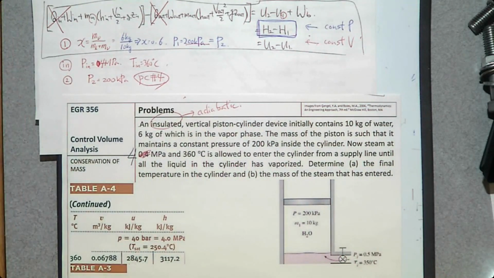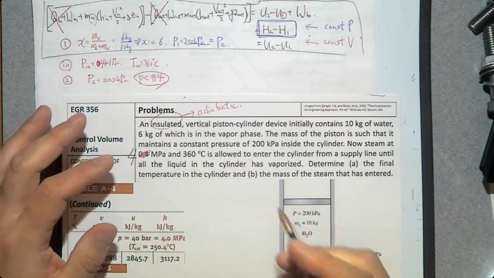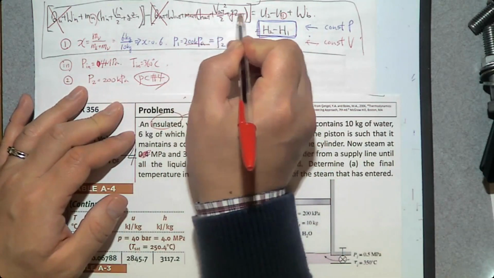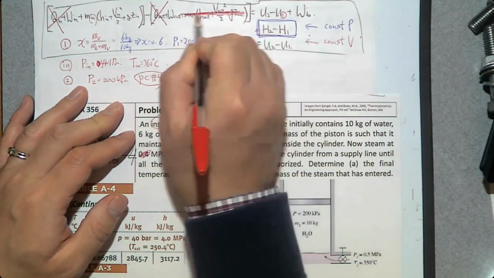If this is the schematic of our piston cylinder device, we have one inlet and a constant pressure process at 200 kilopascal, and there's no exit. Looking at the general energy balance equation, since there's no exit, we can remove m dot at the exit.